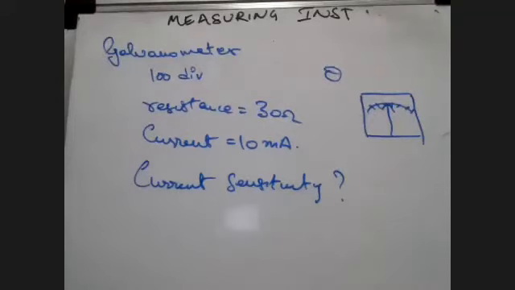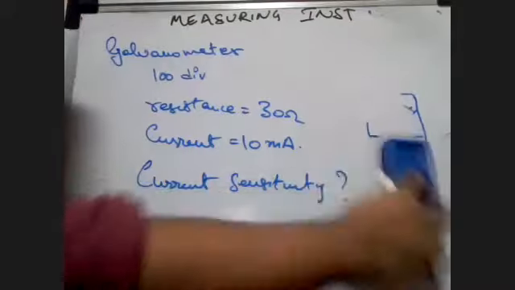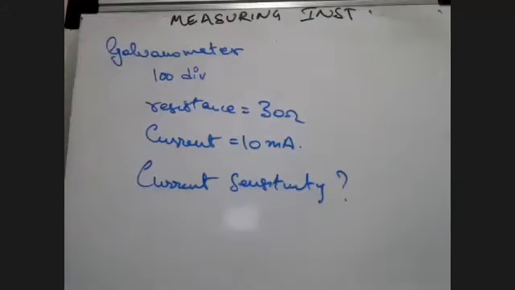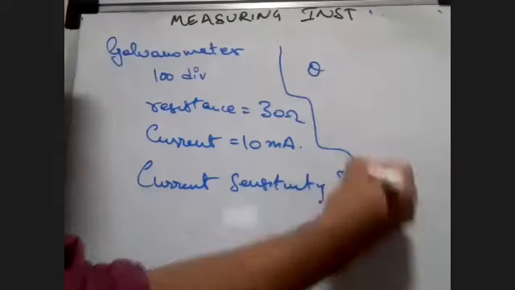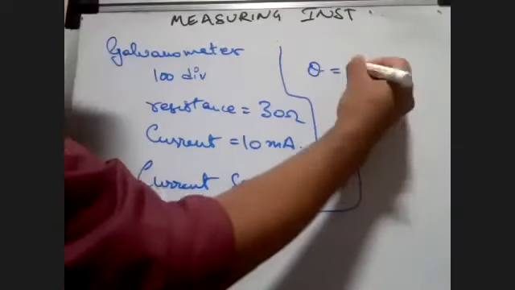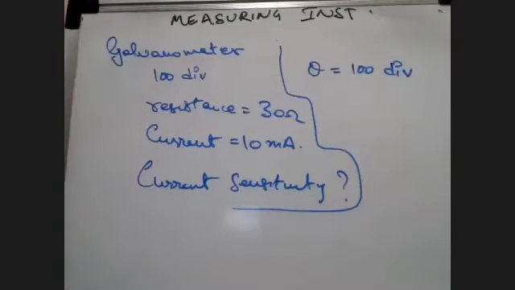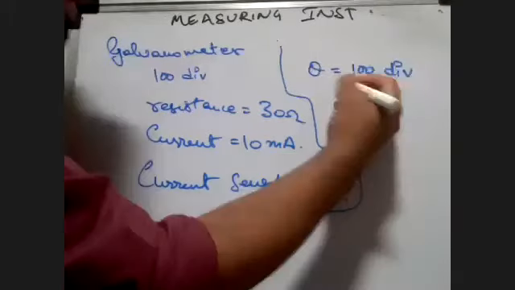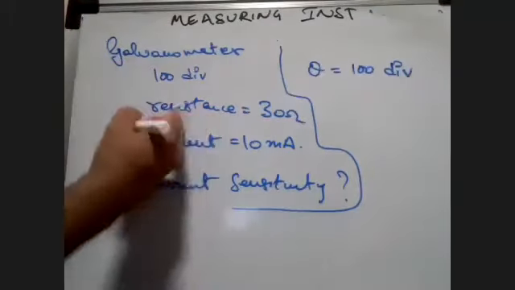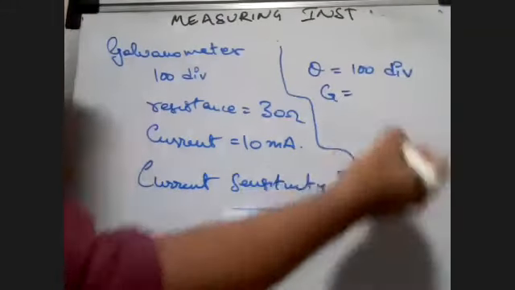According to the question, theta is equal to 100 divisions. The resistance of the galvanometer is given as 30 ohms, and we denote it as G, so G is equal to 30 ohms.